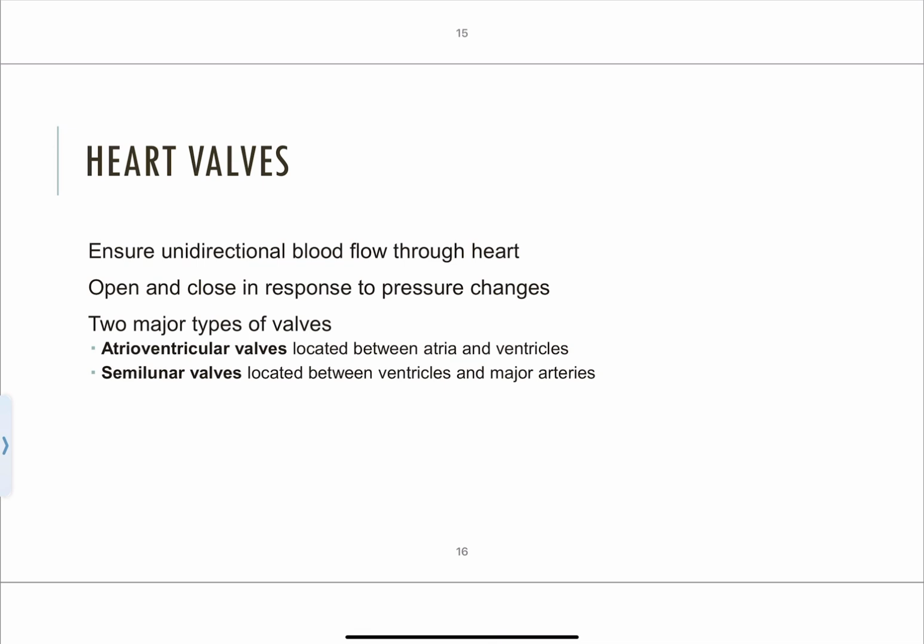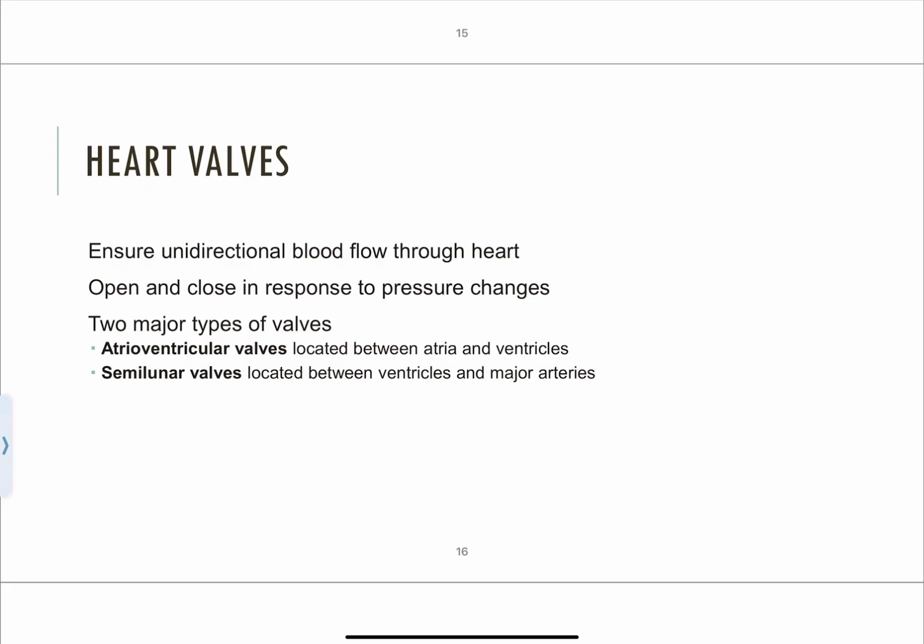They open and close in response to different changes in pressure, which we're going to talk about in a little bit. And we have two major types of valves. First of all, when we're talking about valves, we're talking about their location, which is either at the entrance of the atrium or between the atria and the ventricles themselves.